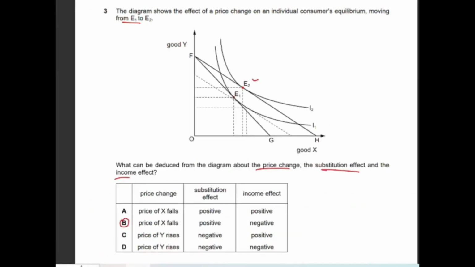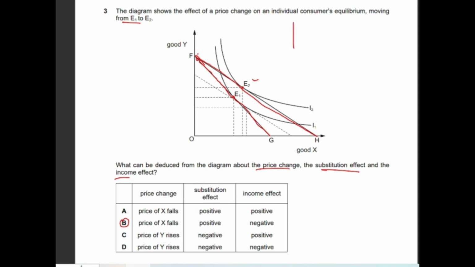If price falls, the initial budget line was FG. This is a highly technical question. This is the initial budget line, and the initial consumer equilibrium takes place on this red line at point E, and the subsequent budget line is F2H.